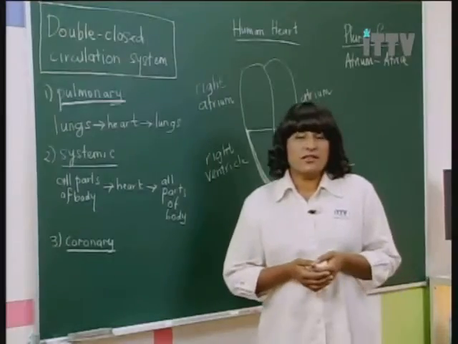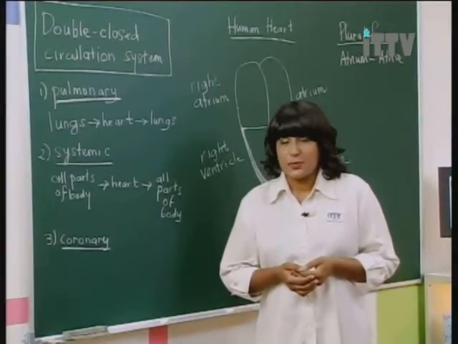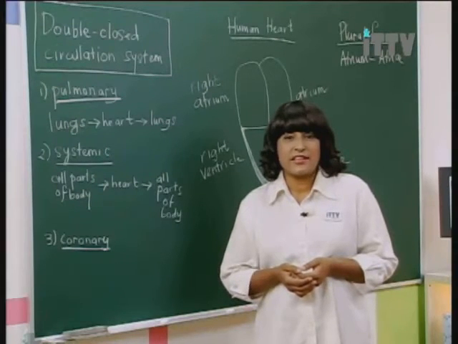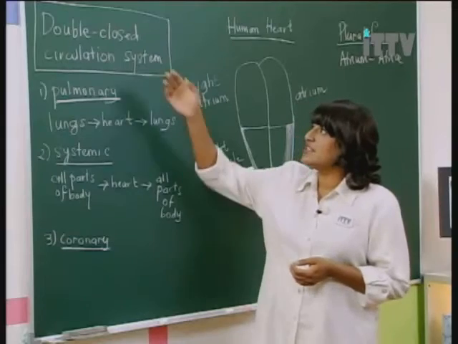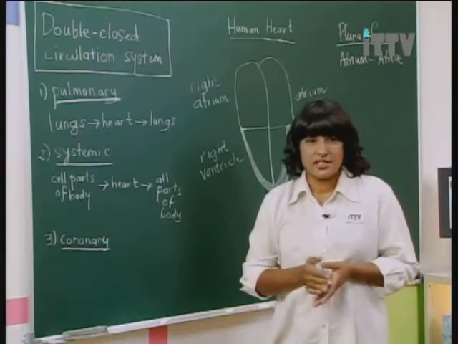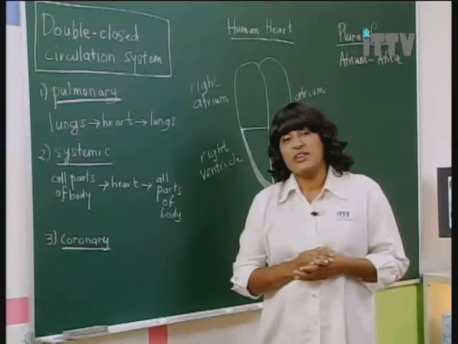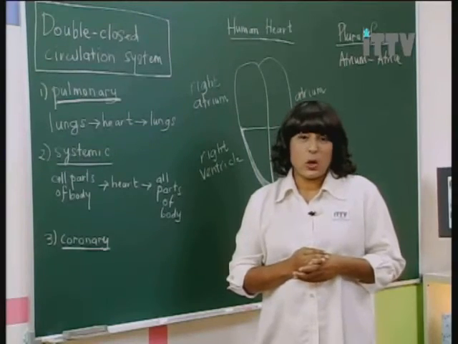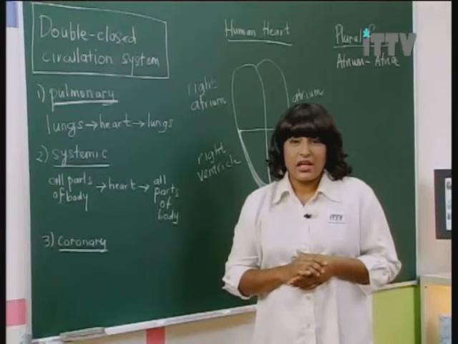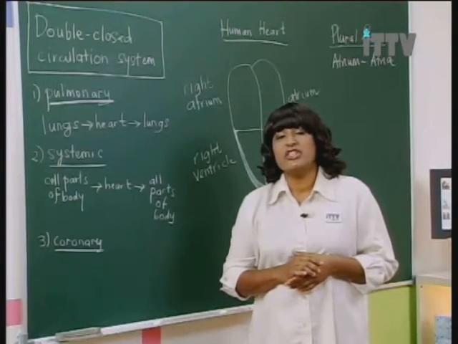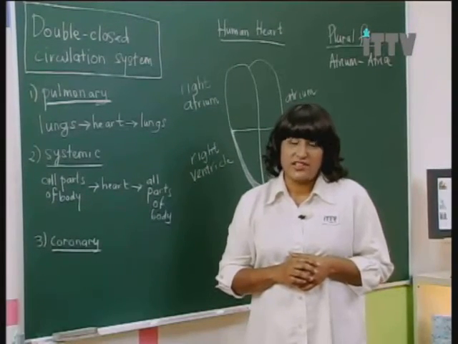If you recall from our previous lessons, we have mentioned that the human circulatory system is a double closed circulation system. Now here we're going to see why it is called that. The human heart has two major circulations.